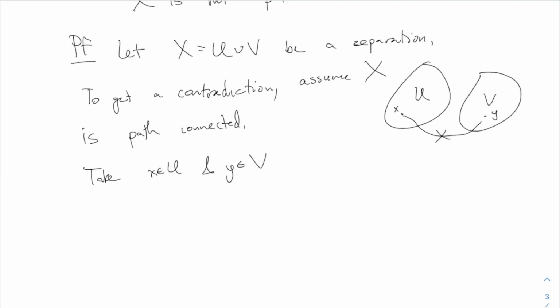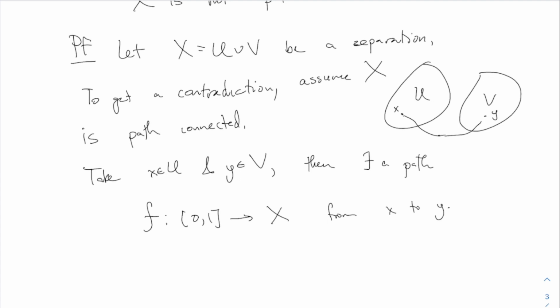So take one point on the one side, another point on the other side, and then because I assumed X is path connected, there exists a path, which I will call f, from 0 to 1, to X, from x to y. And we're going to try to say why this makes a contradiction.